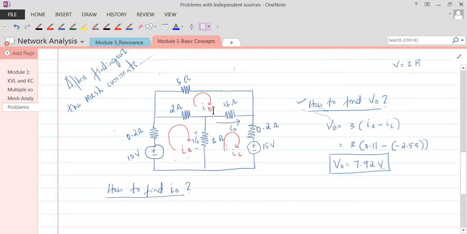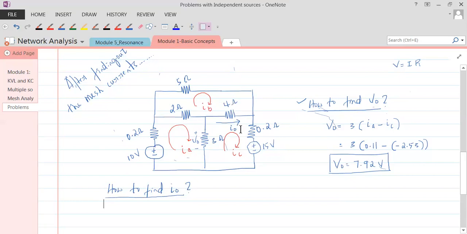But IB is flowing to the left hand side, whereas IC is flowing to the right hand side, when you see the clockwise movement. And where is I0 moving? I0 is moving to the right. So identify the current which is moving in the direction of I0. That current would be positive, and the current which is moving opposite to I0 would be negative. So in that sense, what is I0 now?